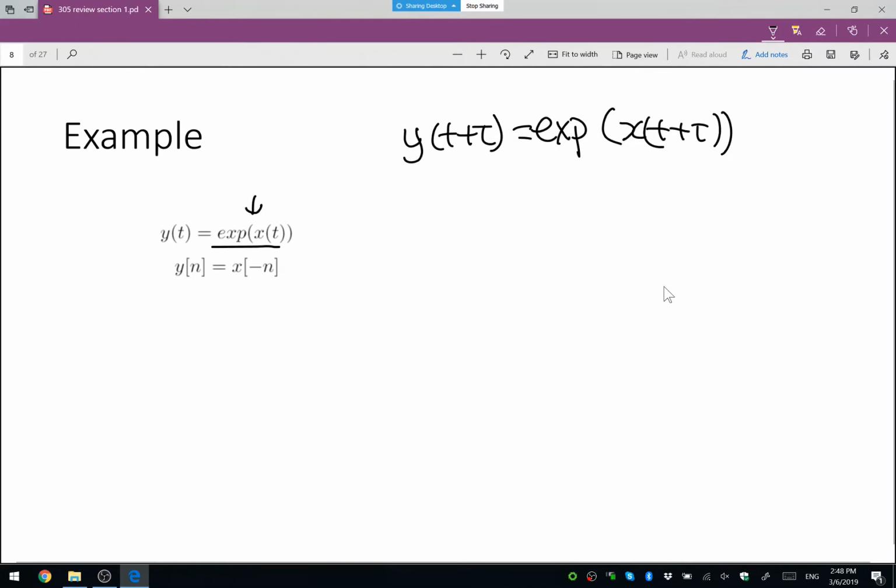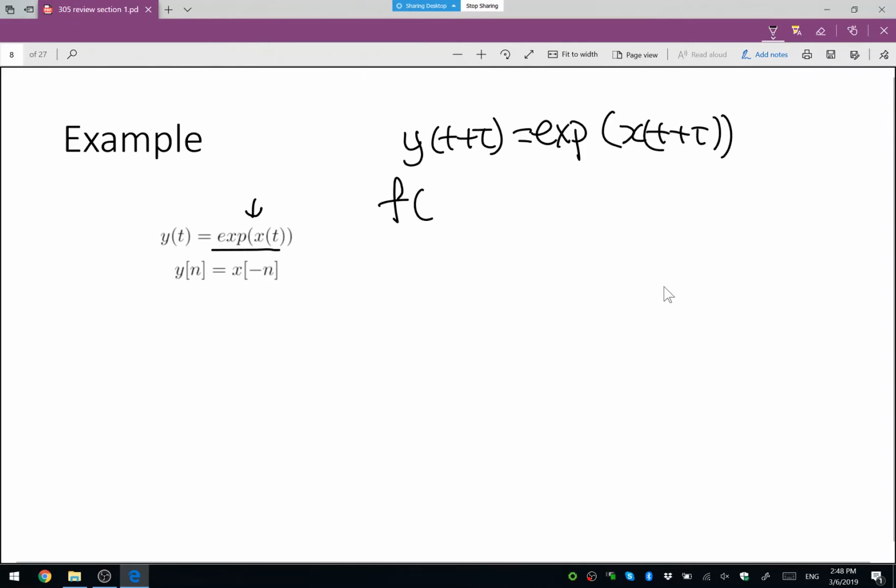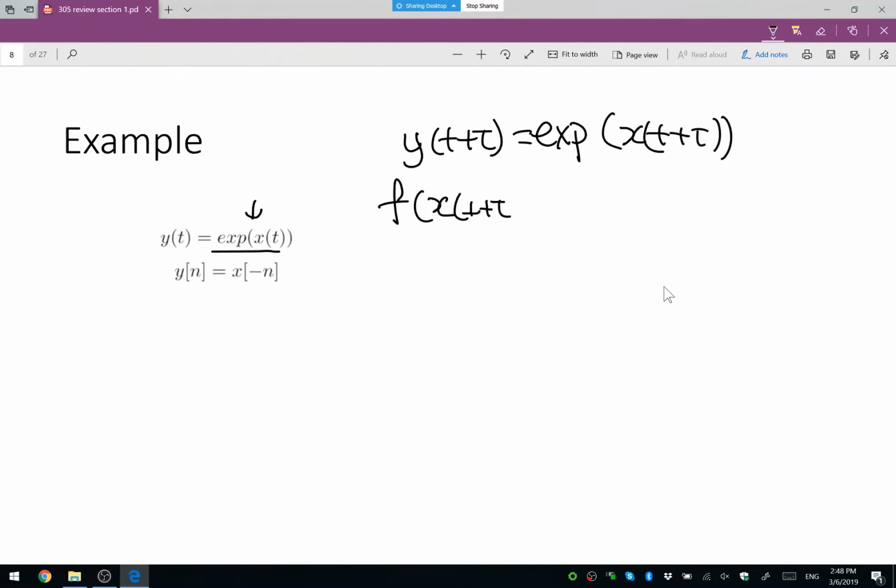Then we want to do another thing, f(x(t+tau)). Whenever you see an x of something inside, let's say x of star, you change that into x of star plus tau. I see one x(t) here, so for the first problem, star is just t.